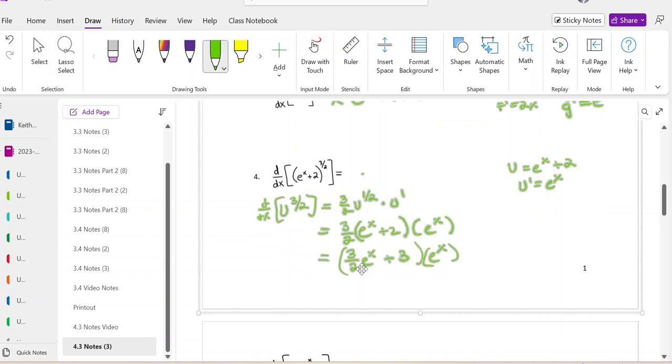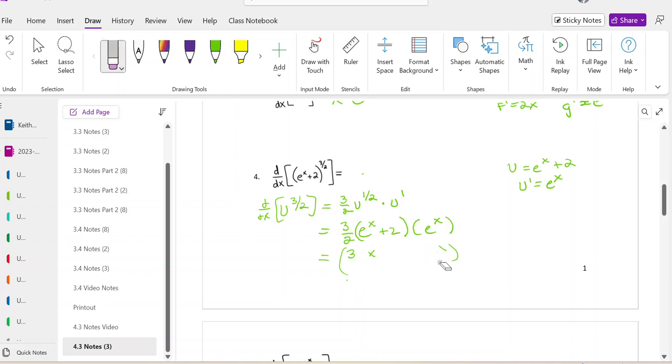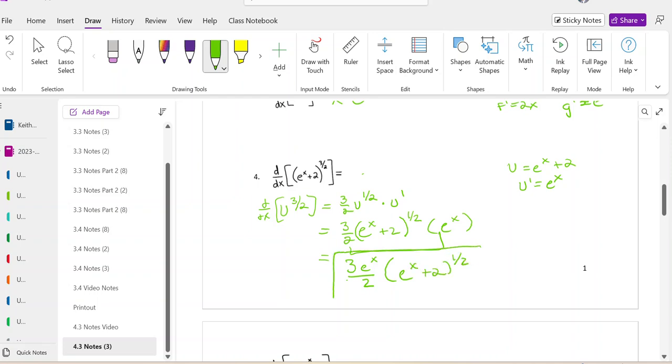And then when you multiply by, we can't distribute that in. I forgot to put the 1 half here. So basically we can multiply these two. So we get 3 e to the x over 2, and that's times e to the x plus 2 to the 1 half. That's our final answer.